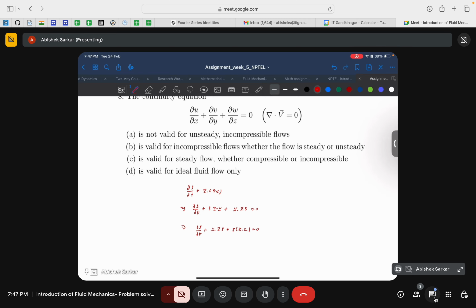So the first two terms, if you remember, I already told, are the total change of density. And if the flow is incompressible, this is equal to 0.